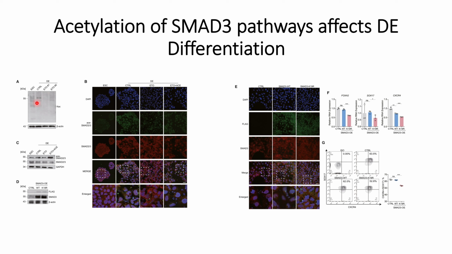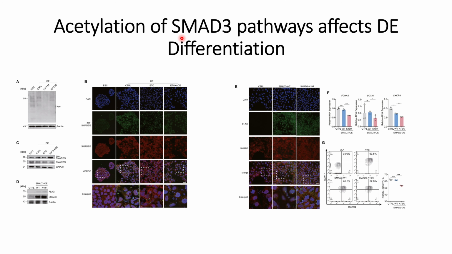They can see that there is a decrease in acetylated proteins when the chemical inhibitors are used compared to the definitive endoderm cells, or the control cells, and they can see a single band corresponding to 55 kilodaltons, which is also the molecular weight of SMAD2 and SMAD3 proteins.